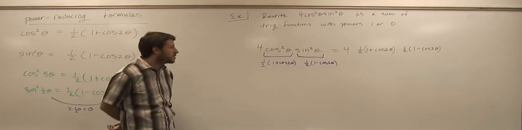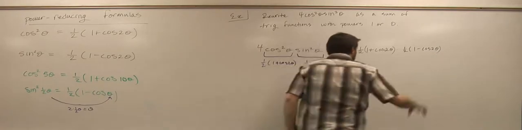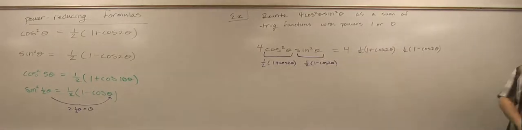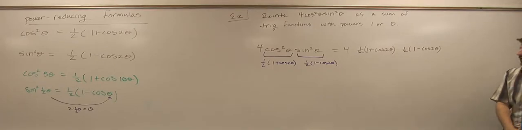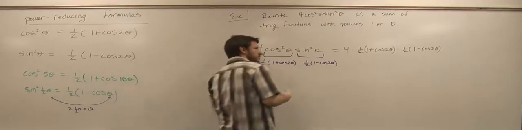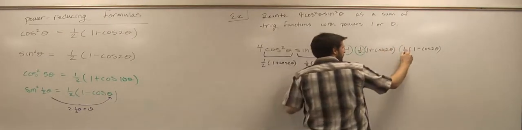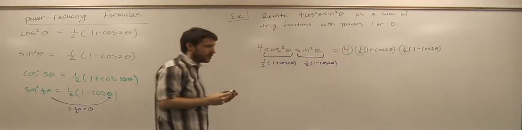And it's actually not powers less than 2, right? It's not powers of 1 or 0. So I kind of want to multiply this out and see what happens to get my sum of trig functions. So I would expand this. First of all, though, these can all be multiplied in the front.